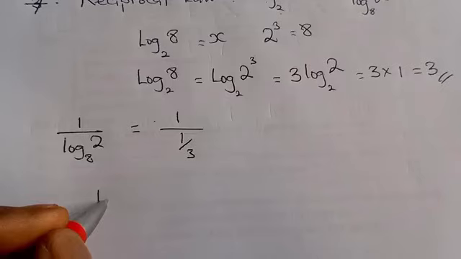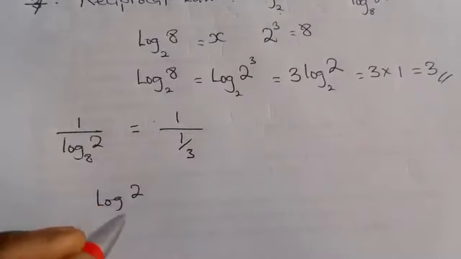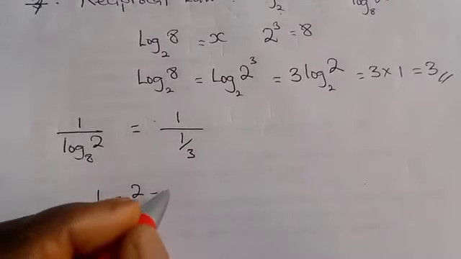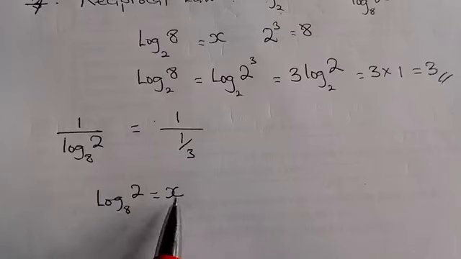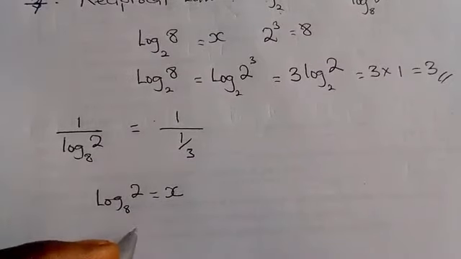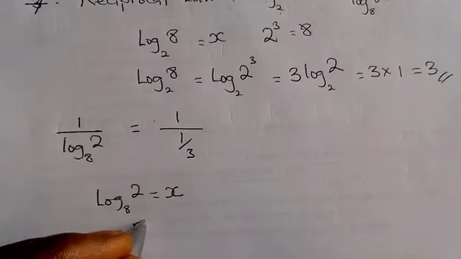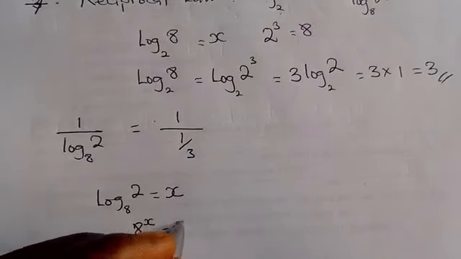Now, if you have log 2 to base 8, let's say that's equal to x. We want to know which number 8 will be raised to so that we can get this 2. If we have this, it means 8 raised to the power of x is equal to 2.